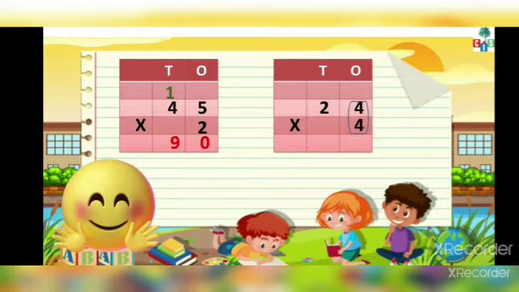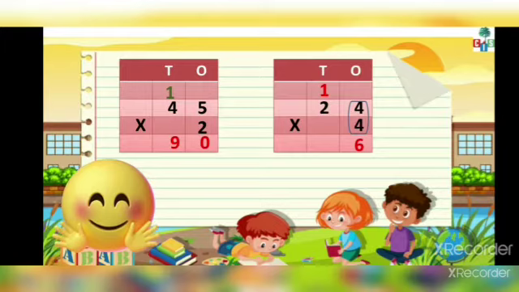Start saying it along with me. 1 fours are 4. 2 fours are 8. 3 fours are 12. 4 fours are 16, right? So we will write 6 in ones column and 1 is your carryover. It will go to the tens column.